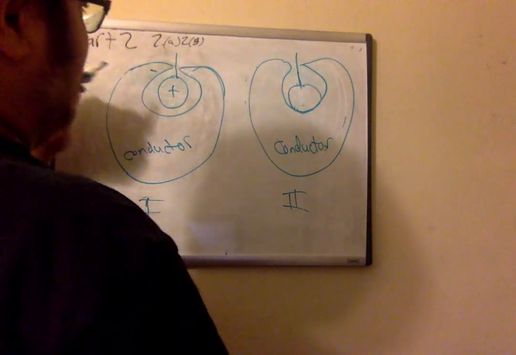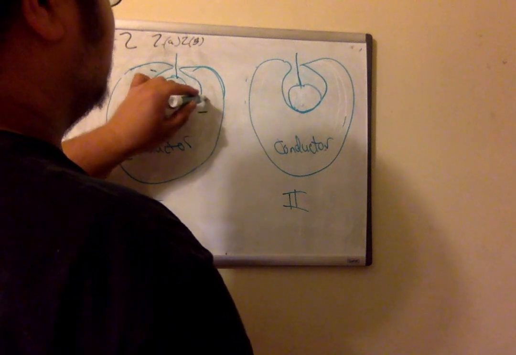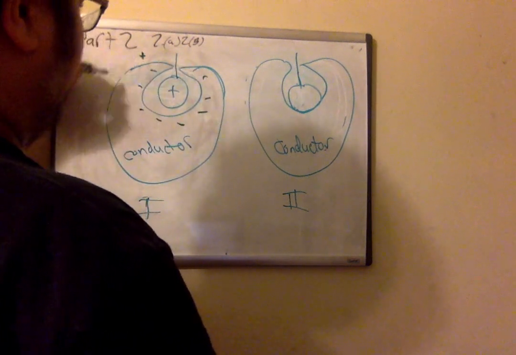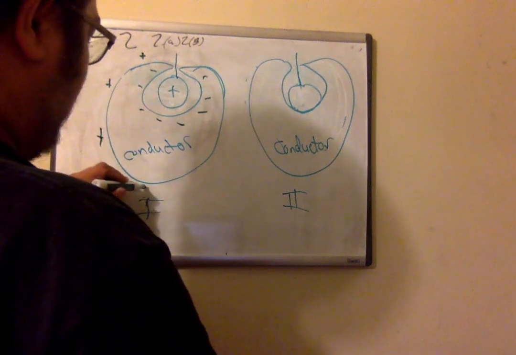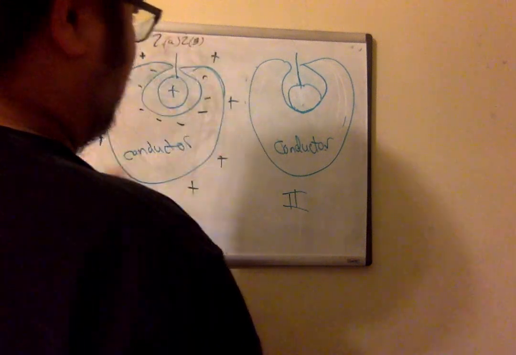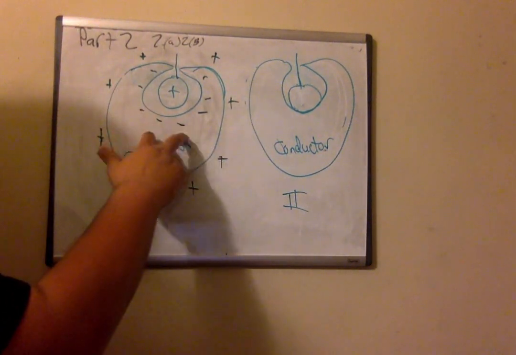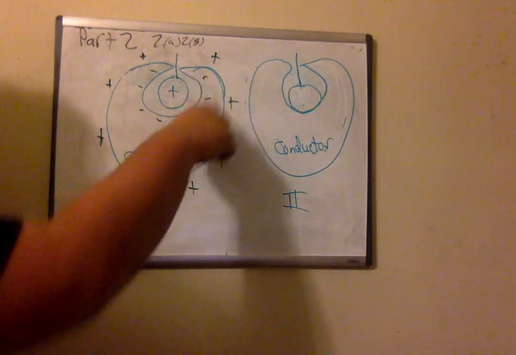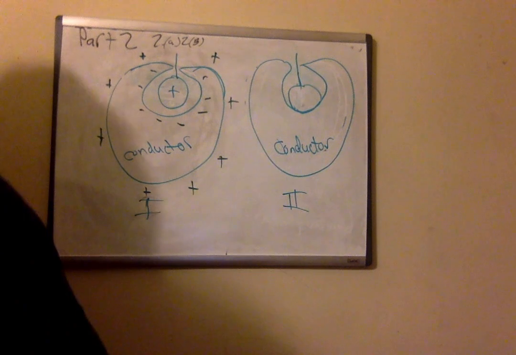And the number of charges matter. So 1, 2, 3, 4, 5, 6, 7, 8. And then it's positive. 1, 2, 3, 5, 6, 7, 8. So the charges are equal because this is a neutral conductor, so it has the same amount of protons as electrons.